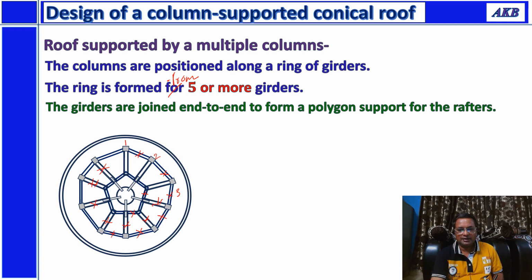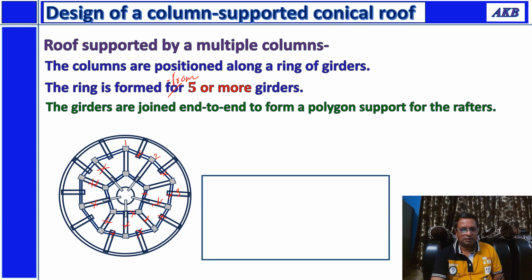At these joints, these columns will be joined. In this way, the entire roof for a large diameter storage vessel will be supported by multiple columns. I hope this is clear to you.